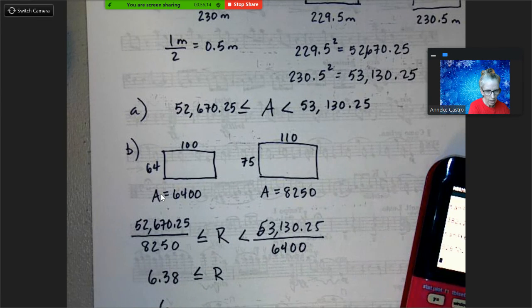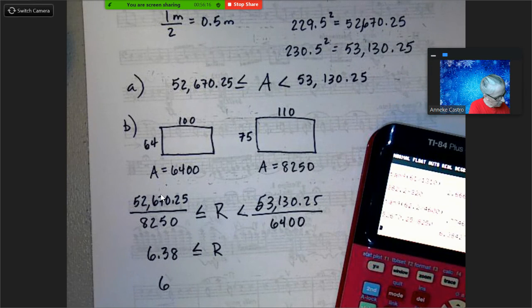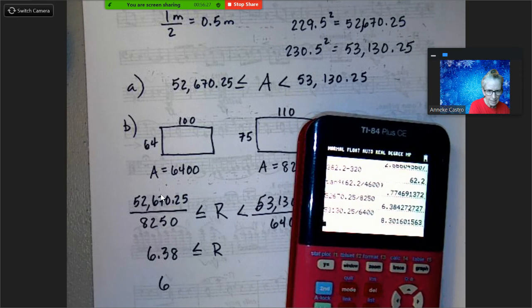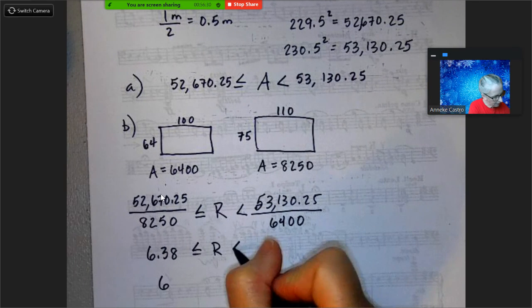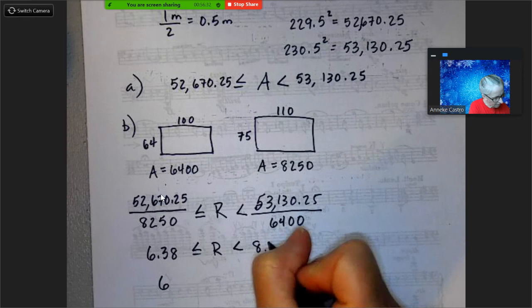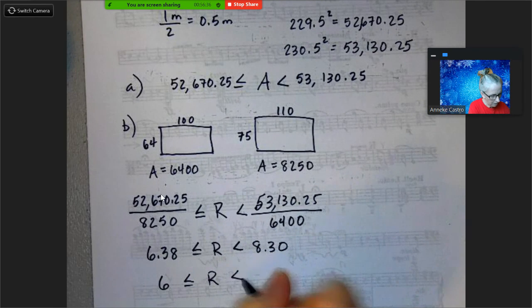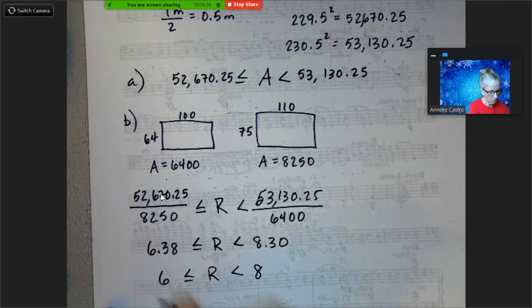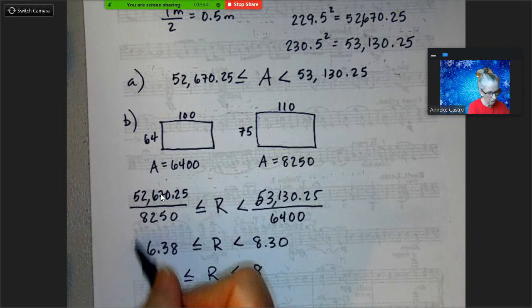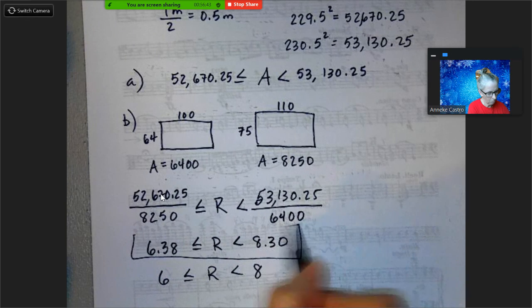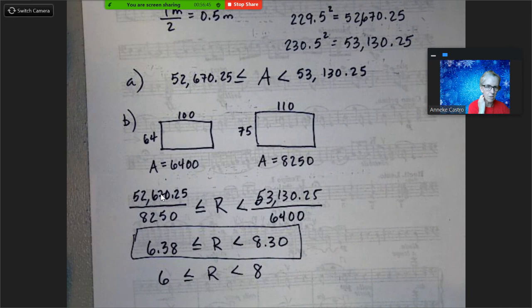And then the other one is 53,130.25 divided by 6,400, and I get 8.30. So if we're doing three significant figures, this is the answer we would get. I think it was asking for a number of complete pitches, and I think the answer should be this. But the book gives us this, which I don't think really matches the question. So I'm a little annoyed with that.